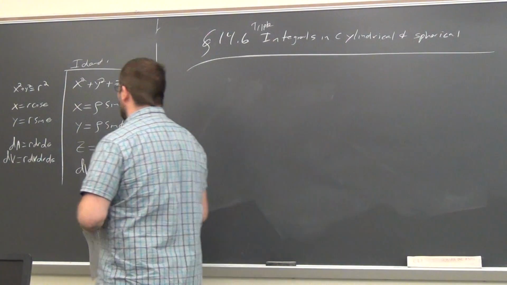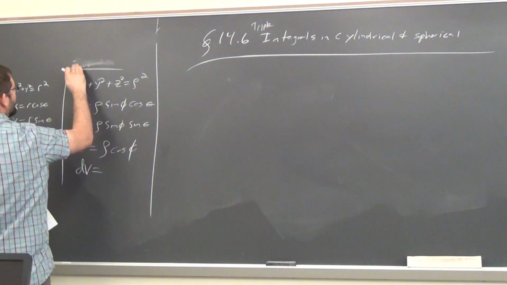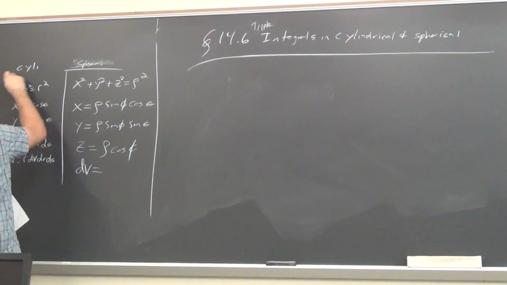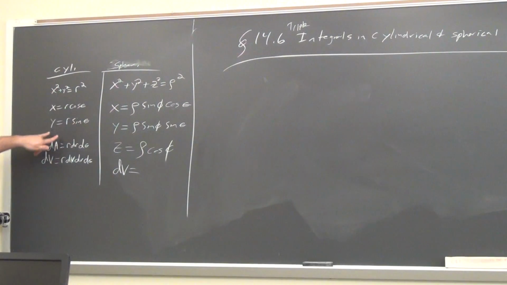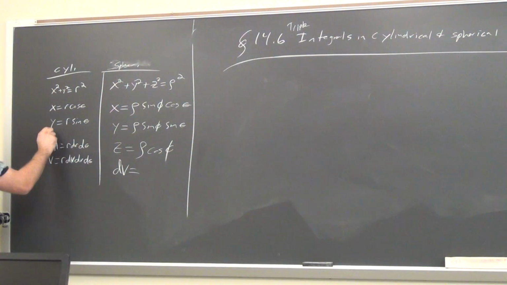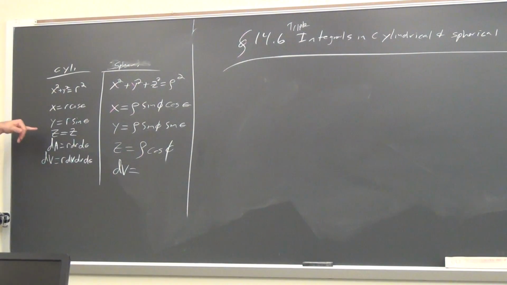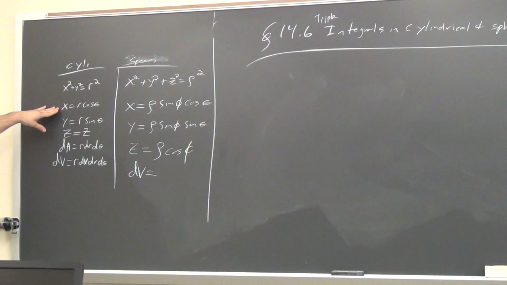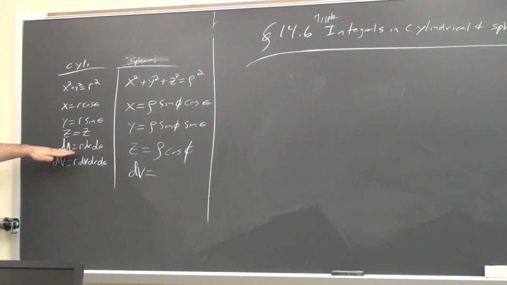But I wrote over here, so we're going to do spherical, cylindrical, right, so we know, and it's always nice to remember the identity that z equals z, treat z the way it was. x squared plus y squared is r squared, x is r cosine theta, y is r sine of theta, and like we had said before when we were doing polar coordinates, the change in area, the dA, was r dr d theta.